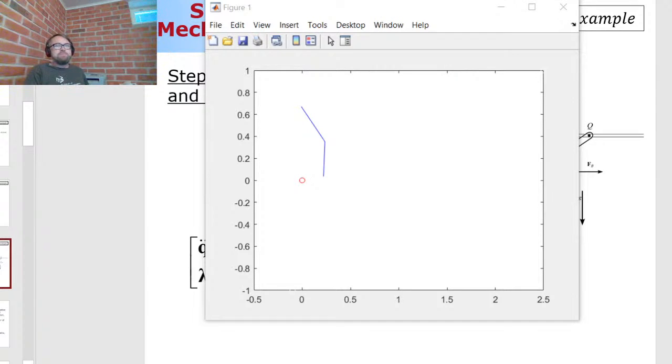You're happy? You shouldn't be, because obviously this is an incorrect solution. This makes no sense. Remember, I have a constraint here at this end, and then I have a prismatic joint here, and obviously you see clearly that I'm violating the constraints big time, because this end here should be here, not flying around like this.